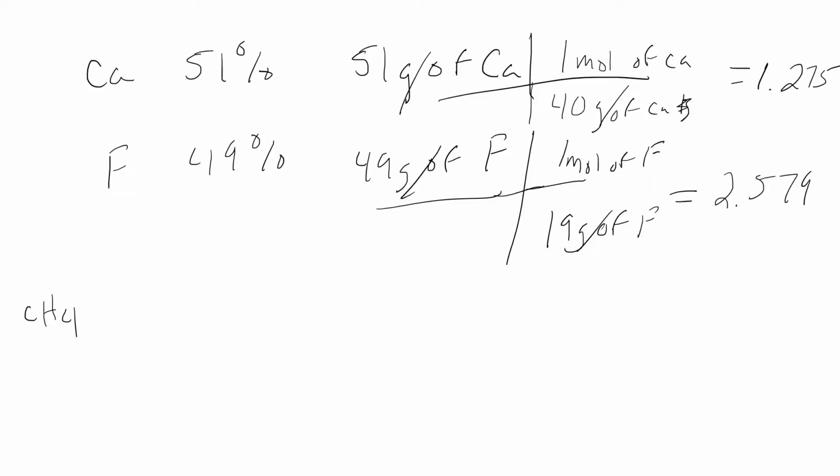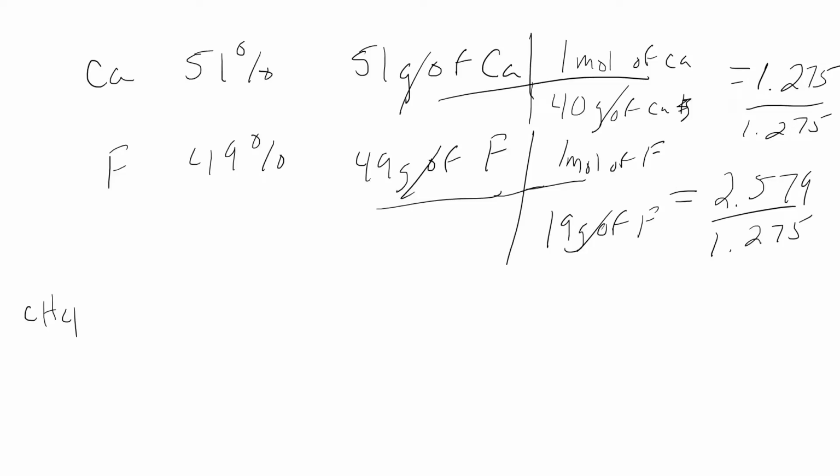So when I'm looking at this as far as ratios, what you want to do in the next step is essentially divide by the lowest factor. So when you divide by the lowest factor, you want to do 1.275, and you want to do 1.275. This was the lowest value, so this is what I'm going to divide by.